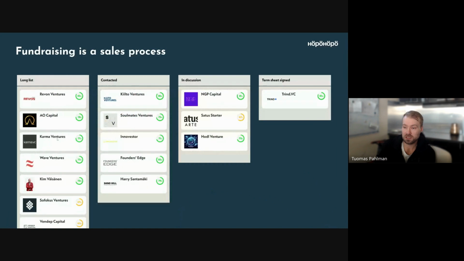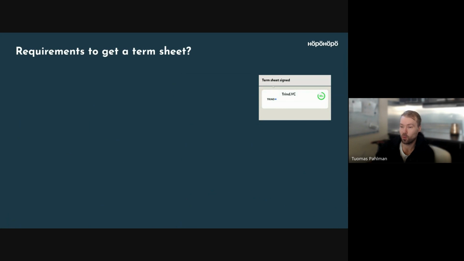We started by looking at what the investors are actually buying, and what needs to happen for you to get the investment done. So what are the requirements for you to get a term sheet? We started by discussing what makes startups fundable: the different components you need to build around your startup so that it's actually fundable.